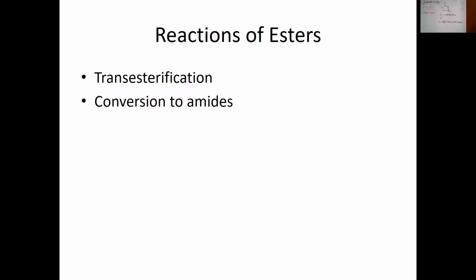Esters can be converted to amides, just like we talked about so much yesterday. More reactive derivatives can be turned into less reactive derivatives, so esters can be converted into amides. And like all carboxylic acid derivatives, they can be hydrolyzed to become carboxylic acids.